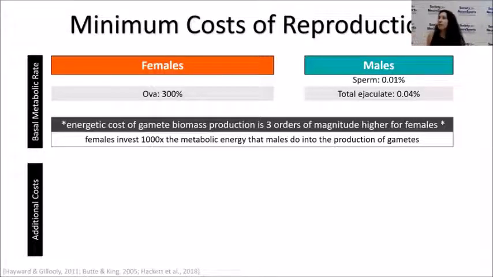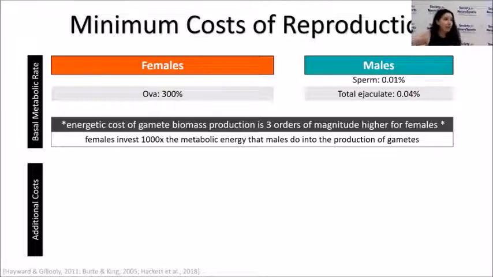If we consider just the overall amount of investment that a female has to make in order to successfully reproduce compared to males, we don't get to stop there, because females don't get to stop there. So let's say that one of those eggs becomes a viable pregnancy.